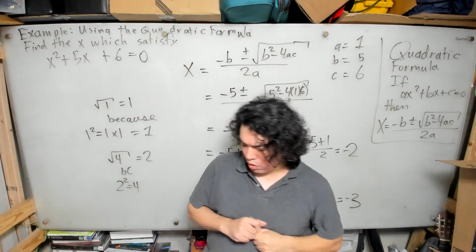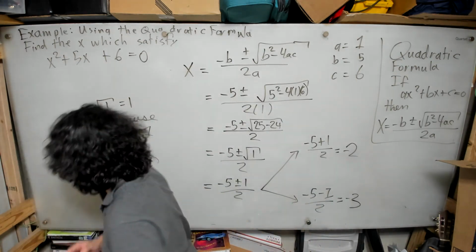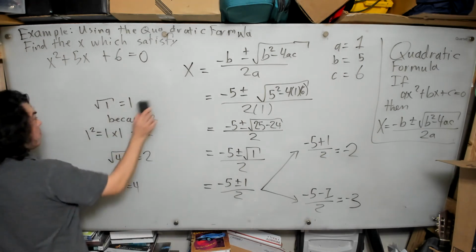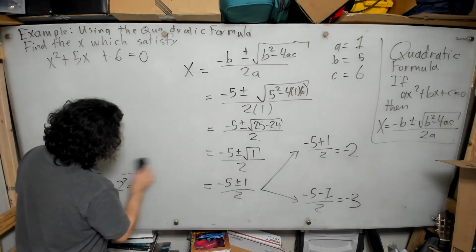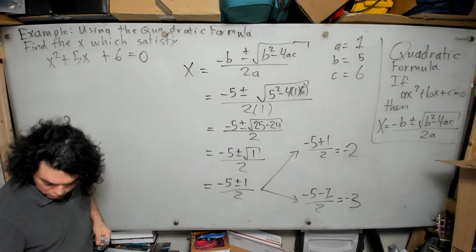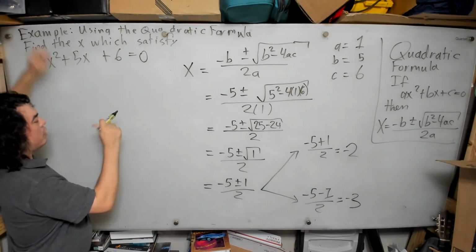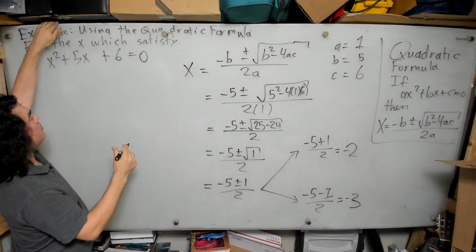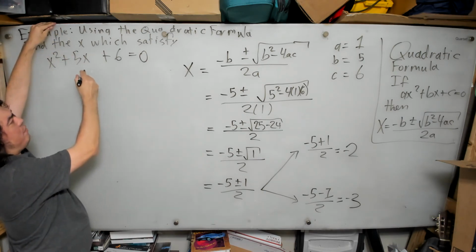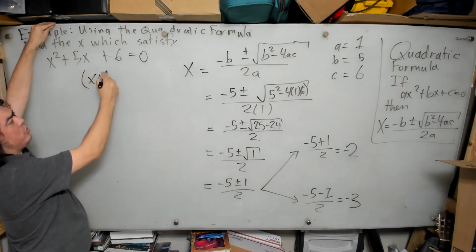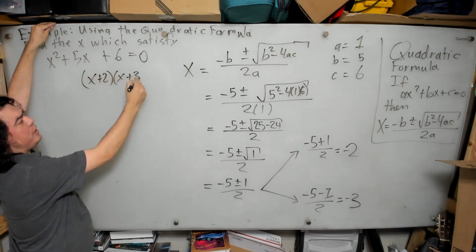Now, if you recall from earlier, this had been factored as x plus 2 times x plus 3.